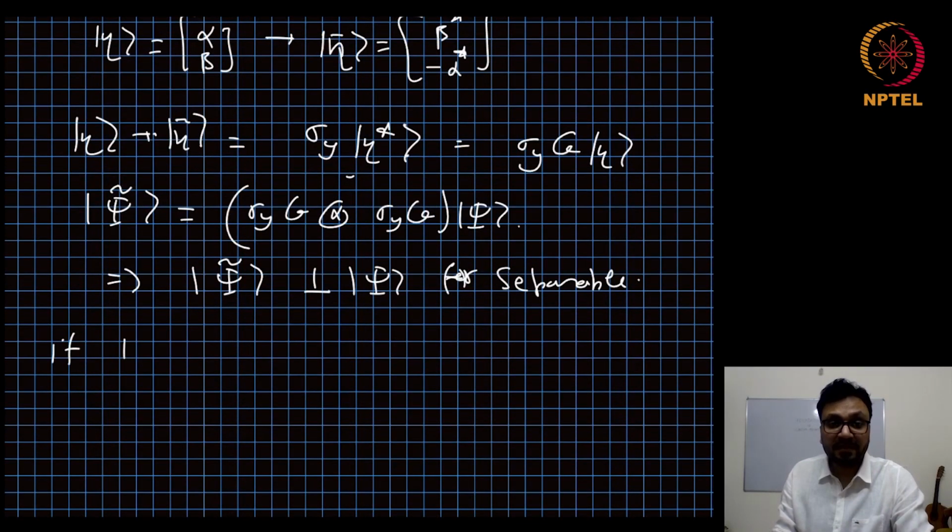If psi tilde is not orthogonal to psi, then the state must be entangled.